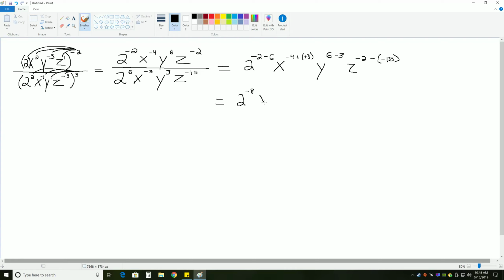So we get x to the negative 4 plus 3 is negative 1. From there, we have y to the 6 minus 3 is just y to the third. And again, we have negative 2 minus negative 15, which is the same thing as negative 2 plus positive 15, which gives us z to the positive 13.